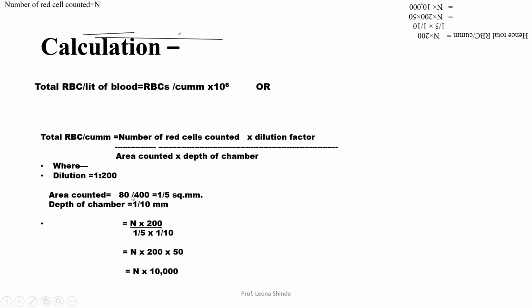Then the area counted: out of 400, only 80 squares are counted, so 1 by 5 square millimeter, and the depth of the chamber is 1 by 10 millimeter. So this is the calculation, and the last figure is N times 10,000.